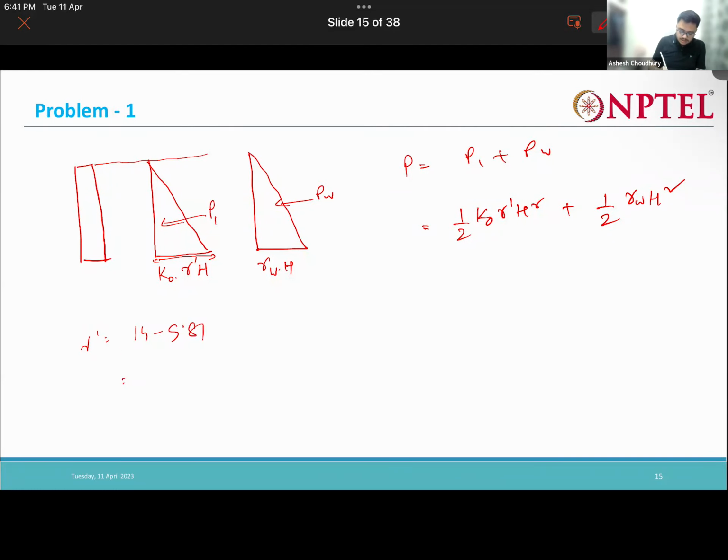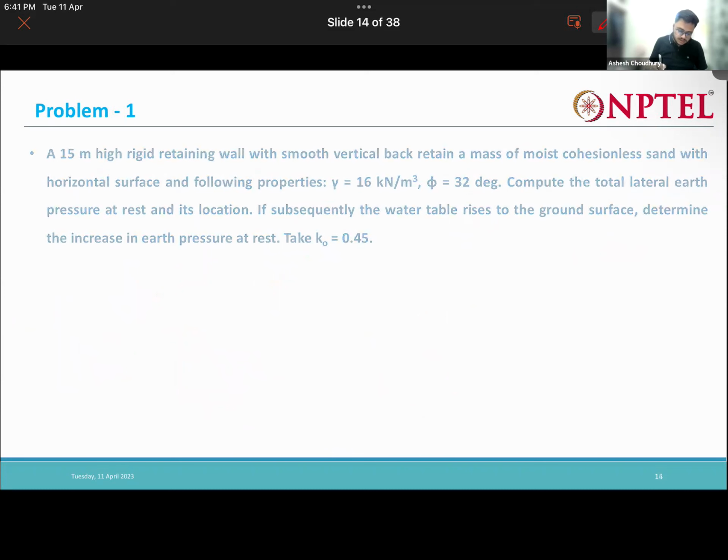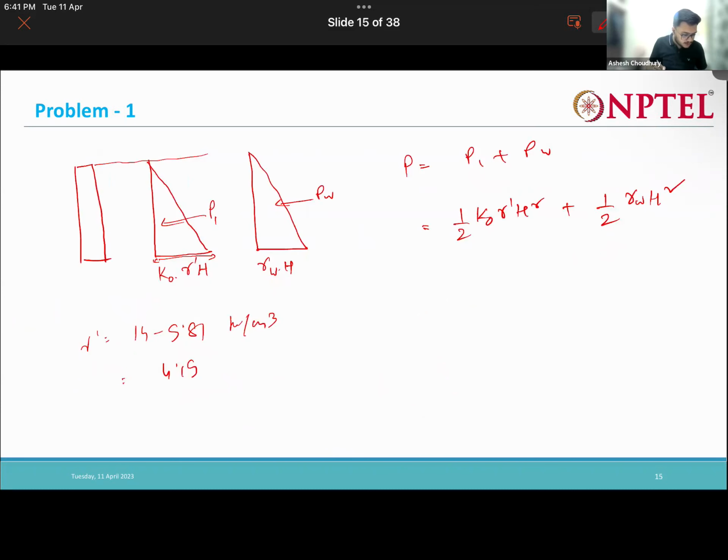So this gamma submerged, you can take 16 minus 10, 6.1, right? So you can calculate it like this. So let's calculate.